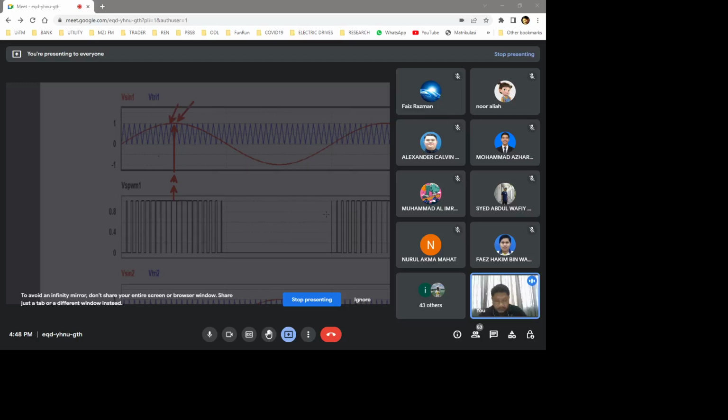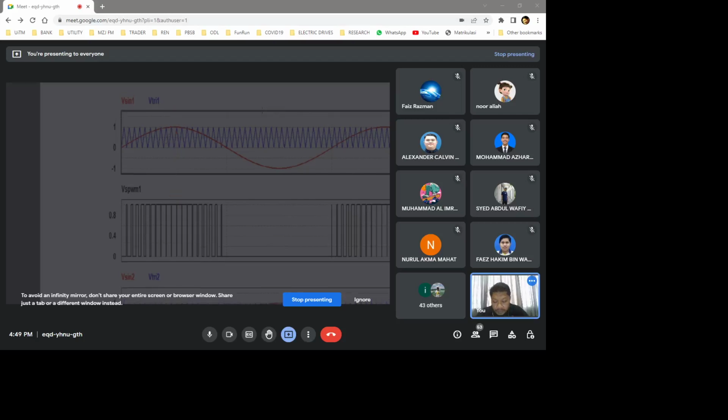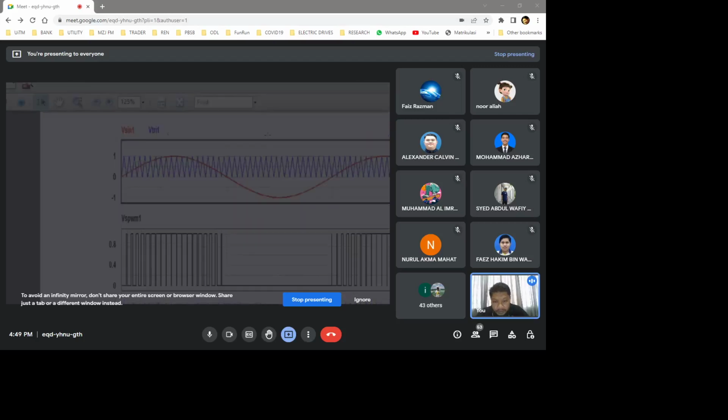If we trace down, you can see here. Look at that. It produced a 1, isn't it?